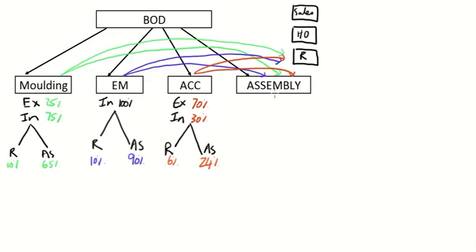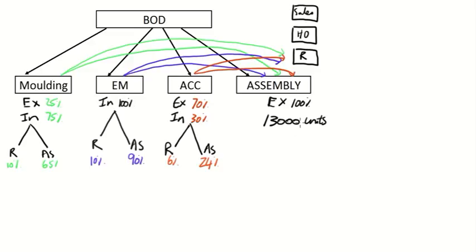Then we also read that all the sales for assembly obviously are external, because this is where the final product is made and that vacuum cleaner is sold to the customers. So it's 100%, and we know the status quo is that we would sell 13,000 units.